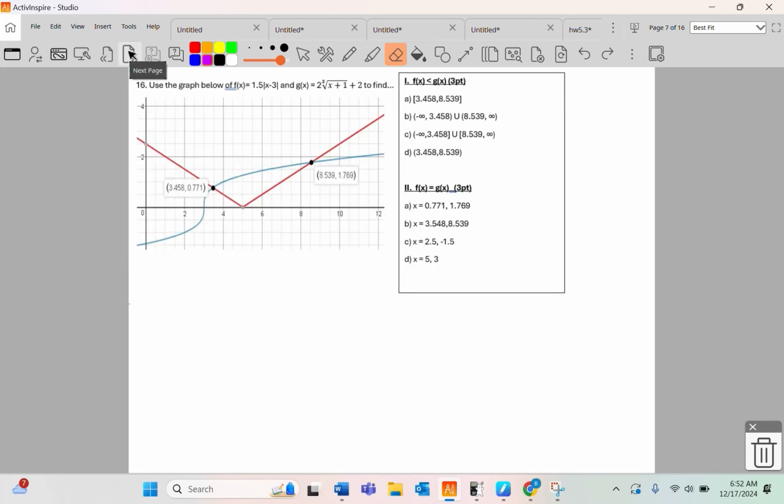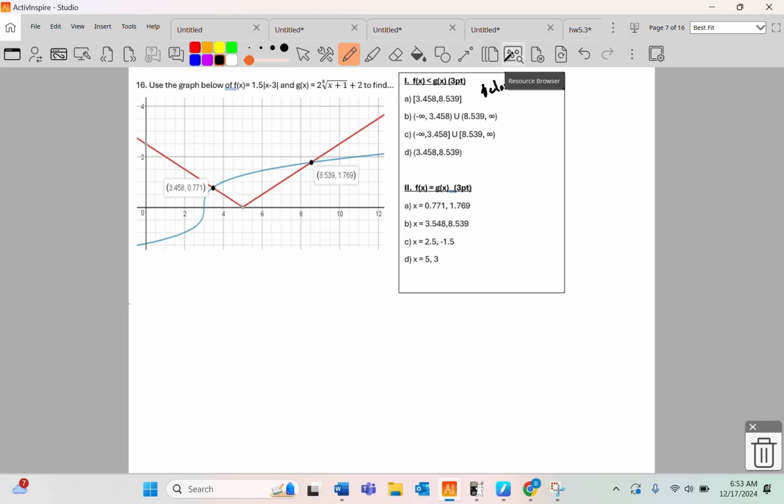16, use the graph below of f of x equals 1/2 of the absolute value of x minus 3, and g of x is 2 cubic root of x plus 1 plus 2 to find a couple of things. First one says, where is f of x, which is the v, less than the cubic root? That's a less than symbol. That means below.